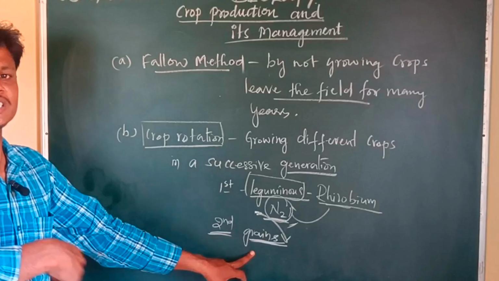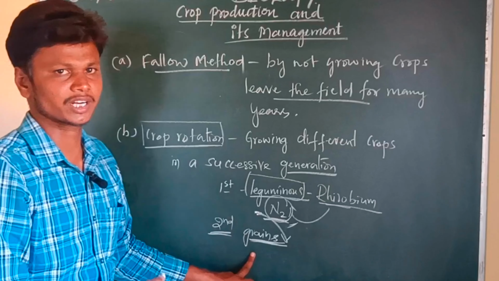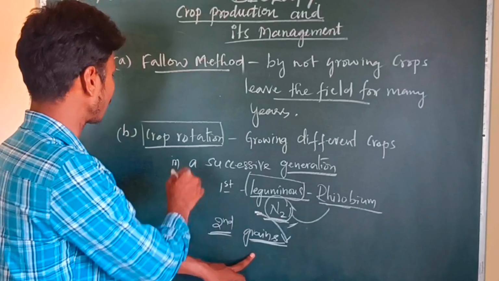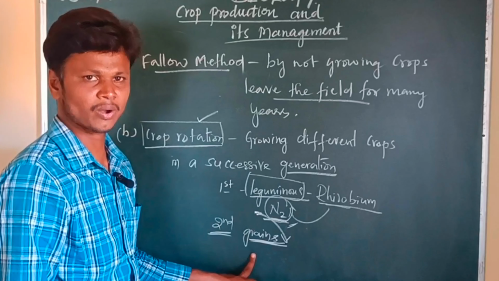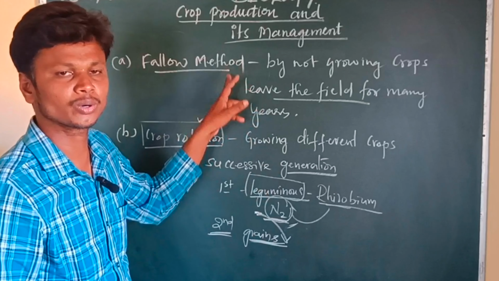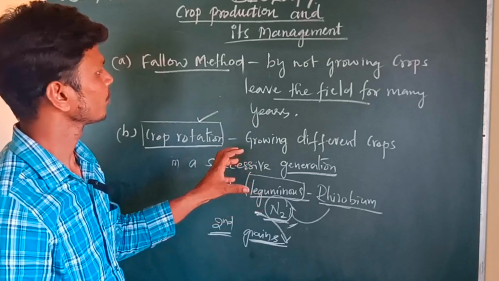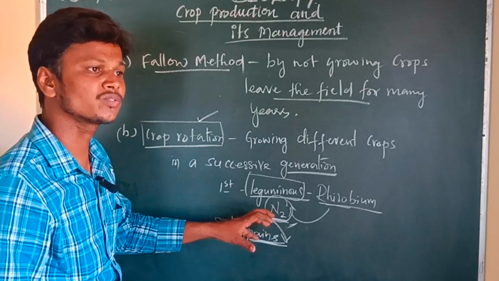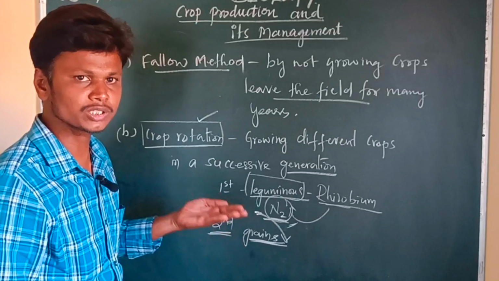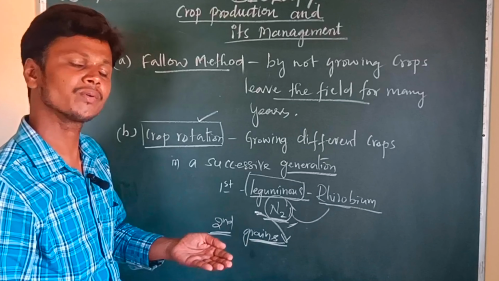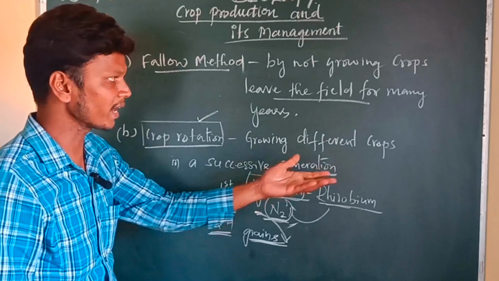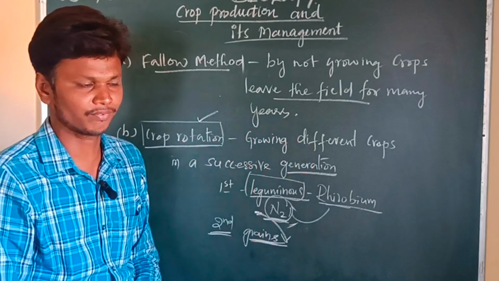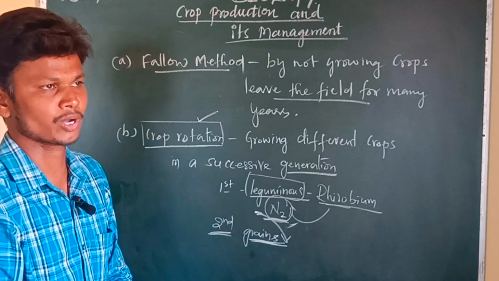Okay, by changing the crops from generation to generation or season to season, you can also increase the soil fertility. So these are the two different methods by which we can increase the soil fertility. You may get the question in the form of multiple choice.